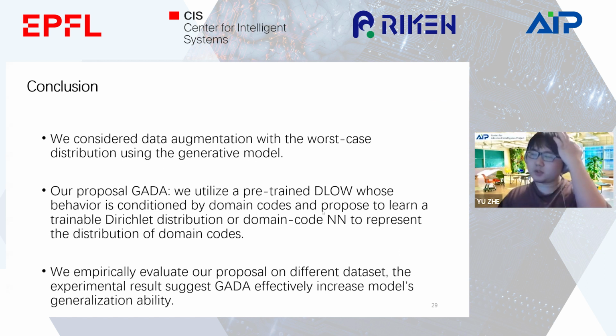And we propose to learn a trainable dynamic distribution, or domain code NN, to represent the distributions of the domain codes. We empirically evaluate our proposals on different datasets, and the experimental results suggest that the GDA effectively increases the model's generalization abilities.